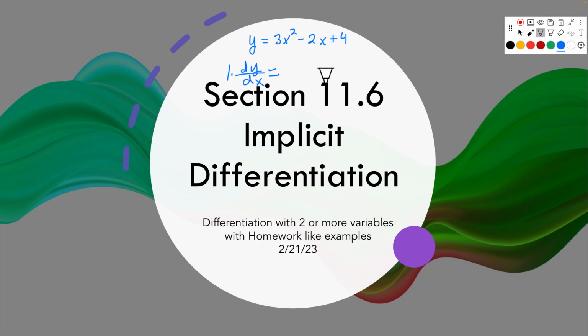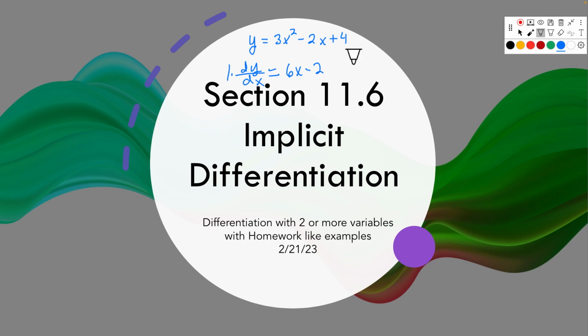A fraction with the same thing in the top and the same thing in the bottom is always going to be 1. So we just come through and take 2 times 3 is 6, x to the first power. In this derivative, the 1 comes down, we get a negative 2, x to the 0 power, and then we take the derivative of 4, which is 0, and we're done.